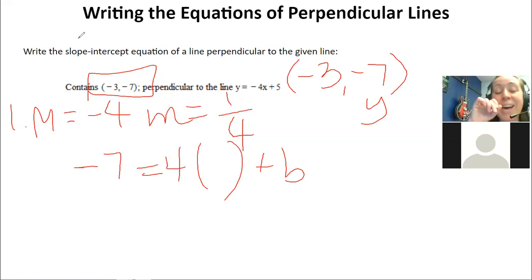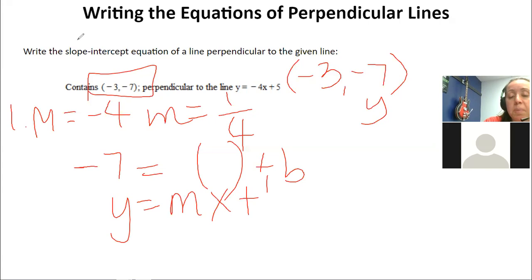And then what about my m? Oops, why did I put a 4 in there? Nope, that's not right. What about my m? Yeah, the m goes next. What's my slope? Because remember, we're doing y equals mx plus b. What's my slope of the new line?